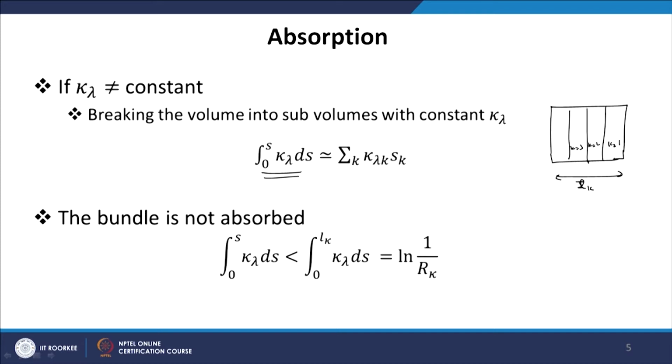We have to take a summation over each layer, where the absorption coefficient is the same within each layer. So we represent ∫₀^s κλ ds as nothing but the summation over k of κλk, where κλk is the uniform absorption coefficient of layer k. Within the layer the absorption coefficient is uniform, and we write this integral as a summation.